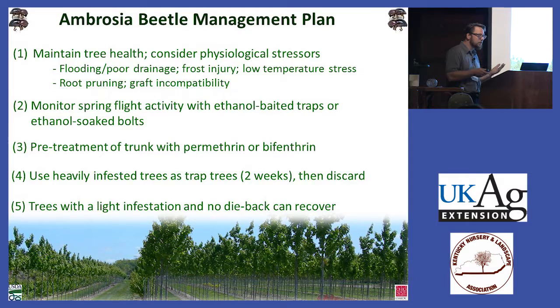So in terms of management plan, just to summarize: maintain tree health, consider physiological stressors, monitor spring flight activity with ethanol baited traps or ethanol soaked bolts or both, and pre-treat with permethrin prior to spring flight activity.